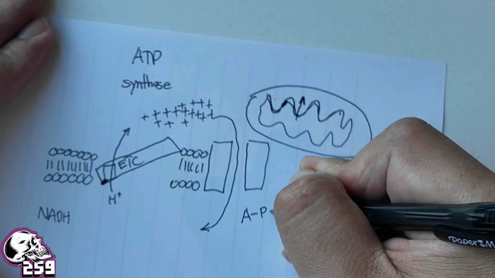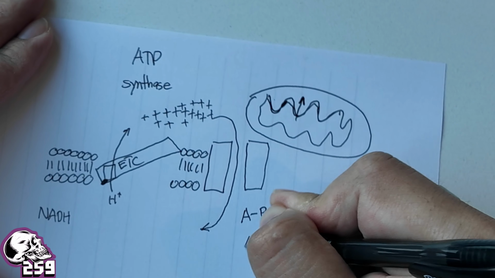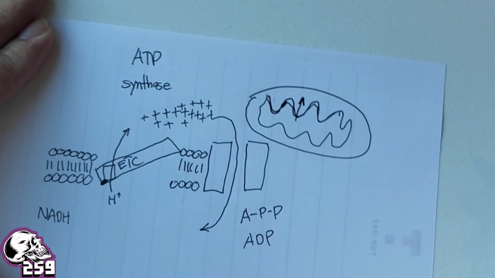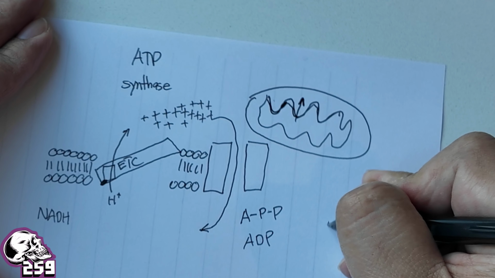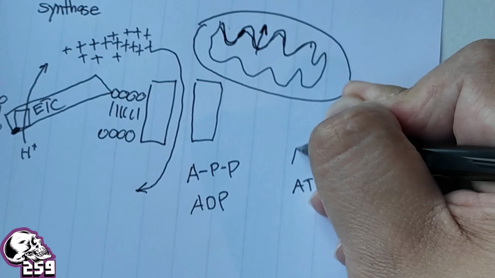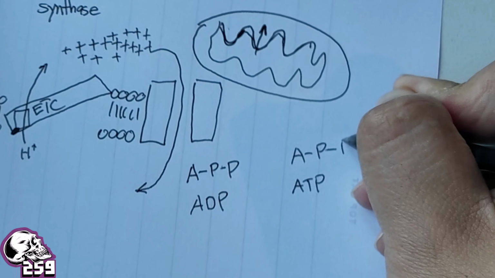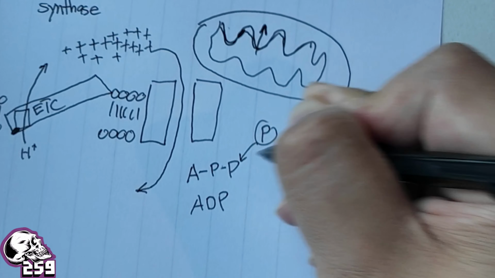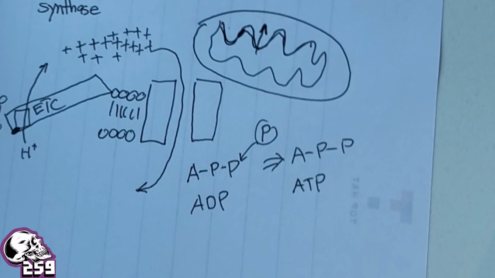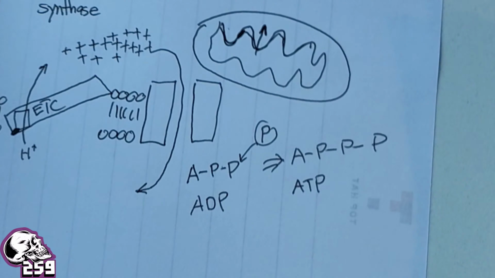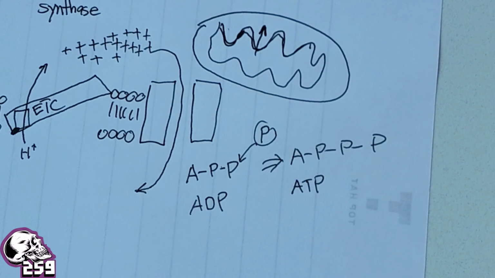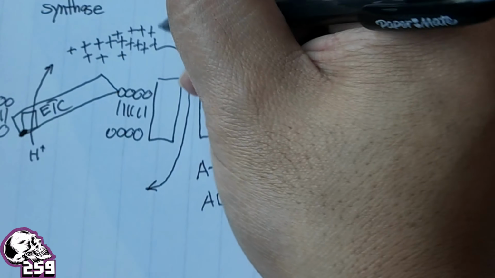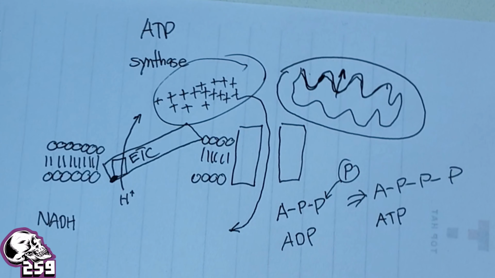So here is ADP, adenosine diphosphate. We really want to make it into ATP, adenosine triphosphate. So all we have to do is find a phosphate and add it on, and then we get ATP. Now this is going to be an active process. It needs some energy, and again, this is going to be our source of energy.